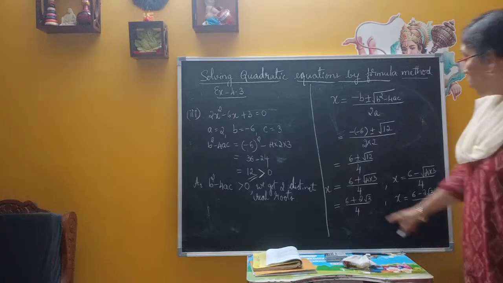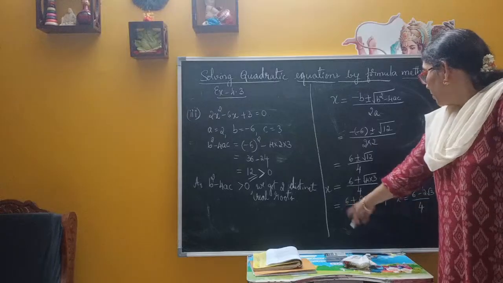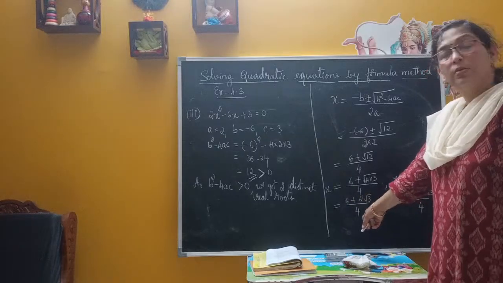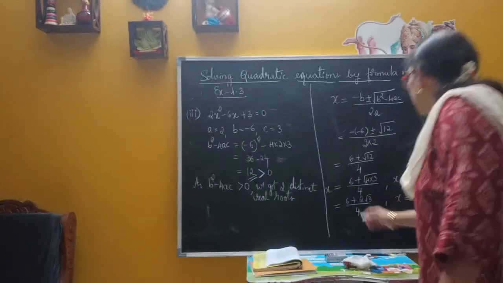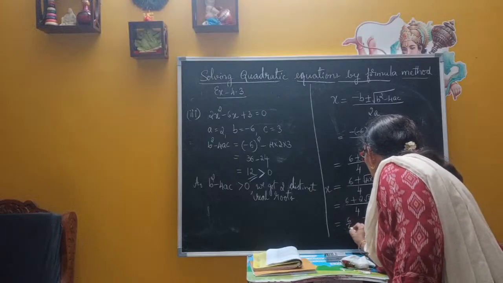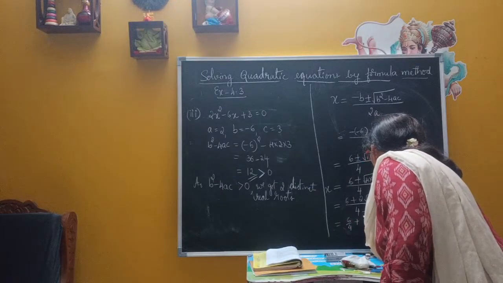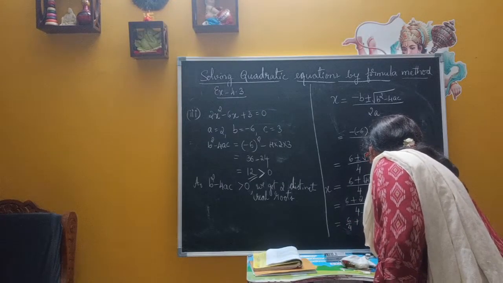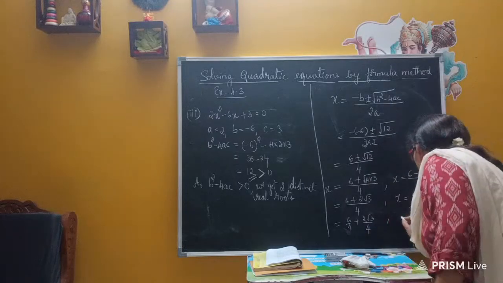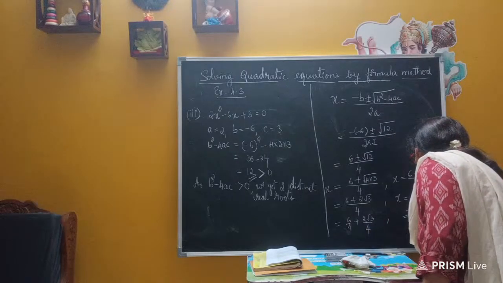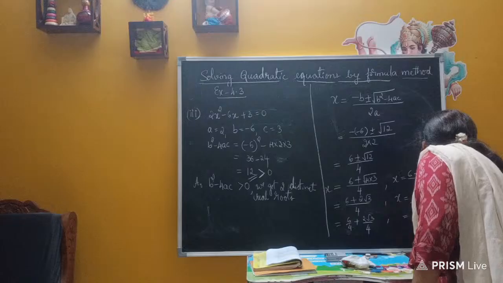If you need more accuracy, what to do? Write 6 by 4 plus 2 root 3 by 4, and 6 by 4 minus 2 root 3 by 4.